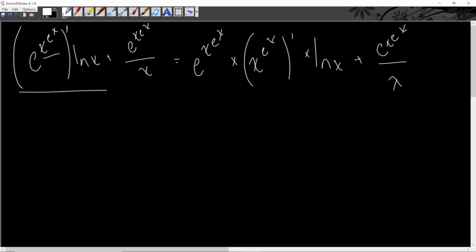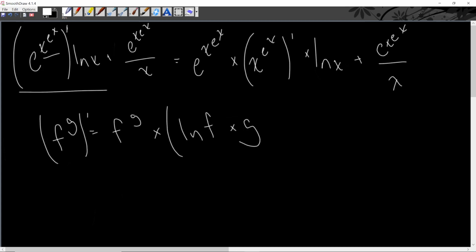That's going to be (f of x to the power of g of x)' is equal to f to the power of g times ln of f times g prime. So, let's plug that in.